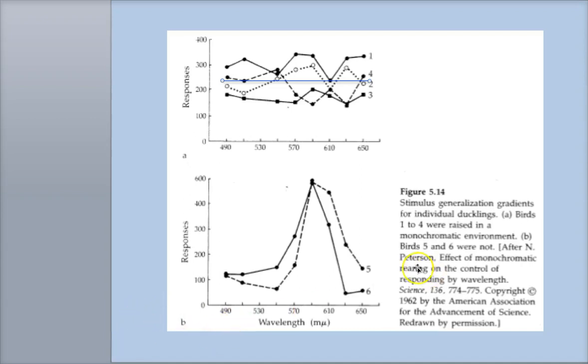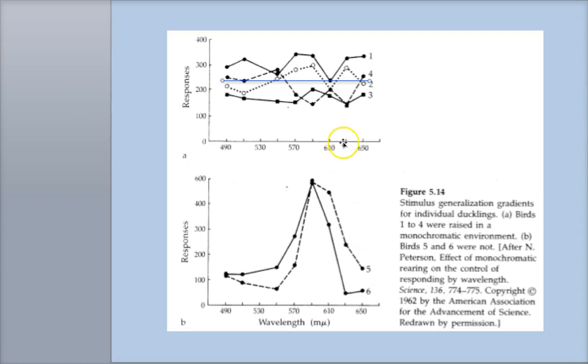So clearly Lashley and Wade were correct, and Spence was wrong. Except that the one criticism of this study is that these 4 birds, because they're raised in such a strange visual environment, could have been colorblind. So Peterson actually took these same 4 birds and put them in the broad spectrum environment for an extended period of time.